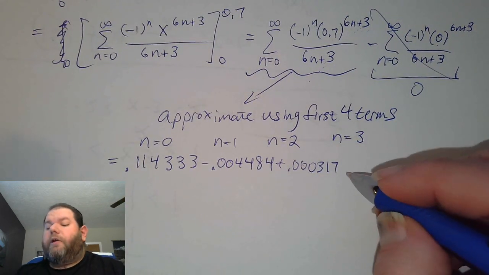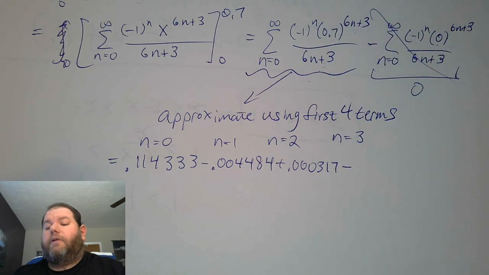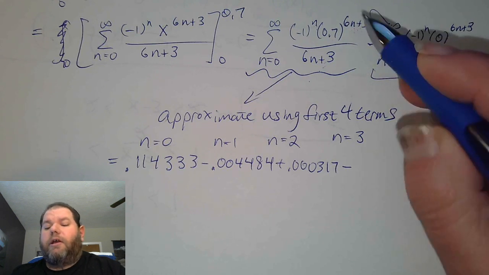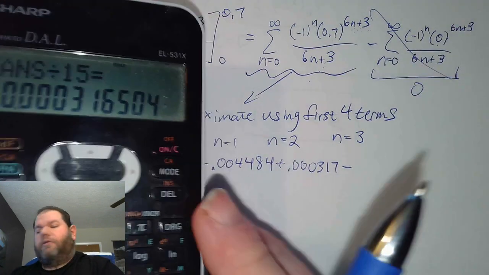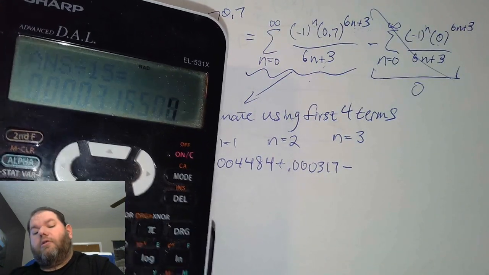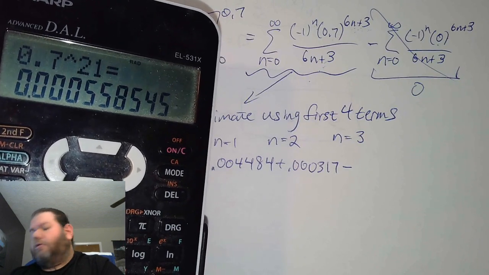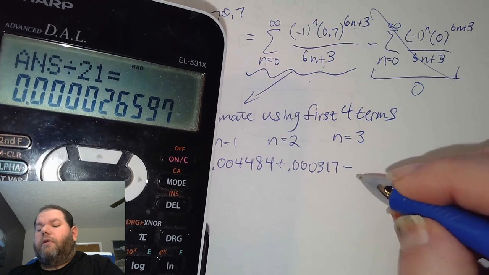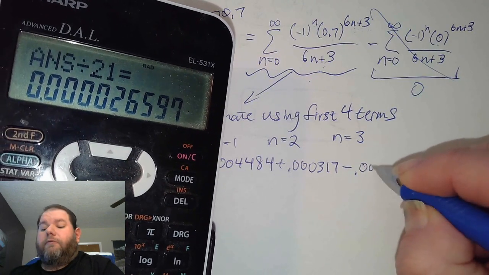Okay. And for n equals 3, negative 1 to the third is negative. 6 times 3 is 18, plus 3 is 21. So 0.7 to the 21st power divided by 21. So that is 4 zeros and then 27 after we round.